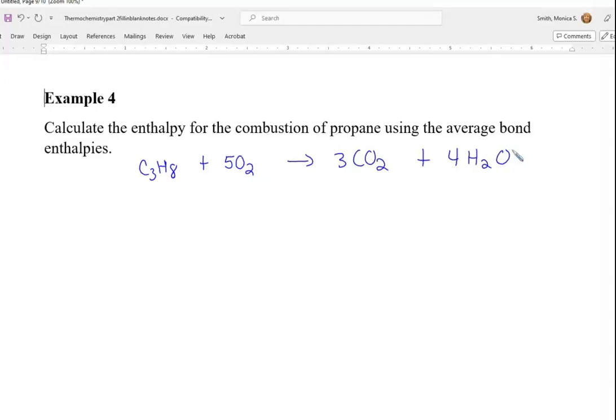You actually have to draw the structures out, and I do believe I tried to draw most of these out for you, especially on your test. So if I draw this guy out, you would see it's 3 carbons in a row. This is where that 2n plus 2 comes in. Carbon always likes to make those 4 bonds.